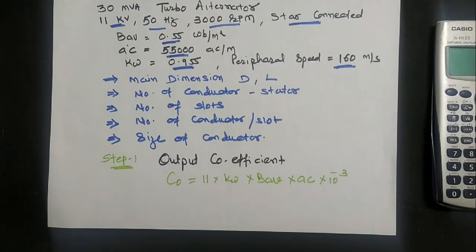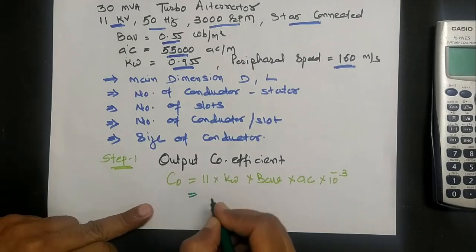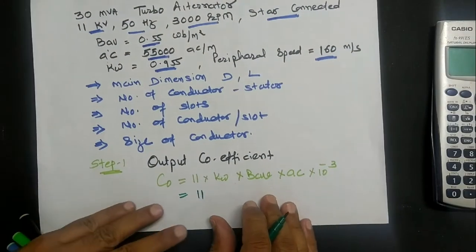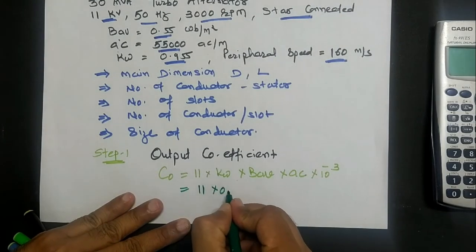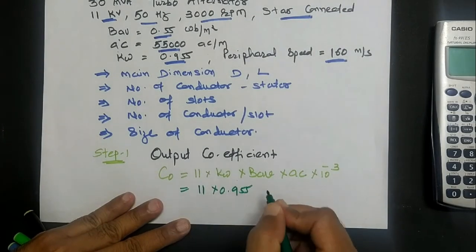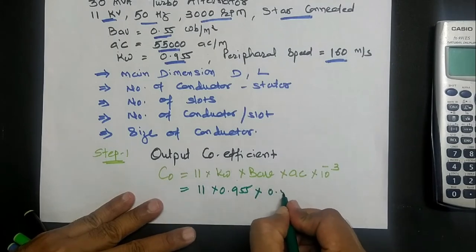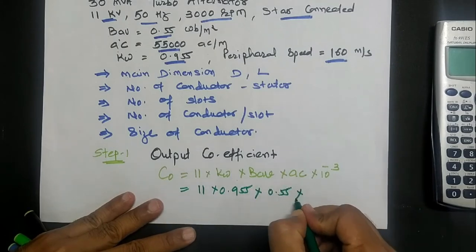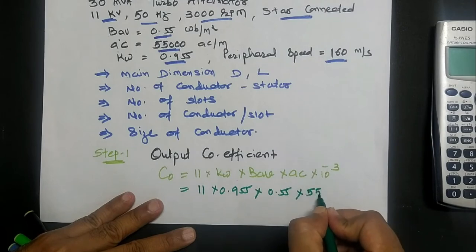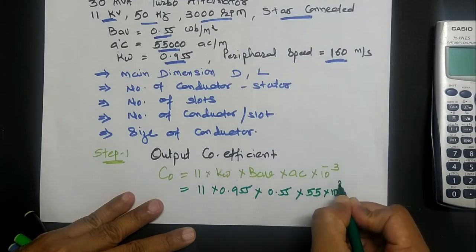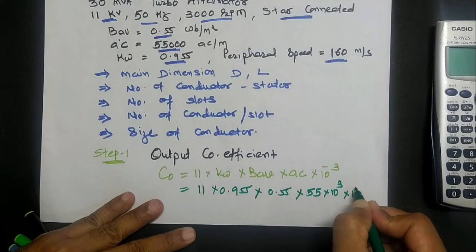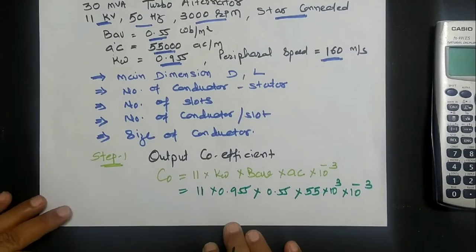So now if we substitute all the values, then we have 11 multiplied by 0.955 multiplied by BAV, that is given as 0.55, 55,000, and multiplied by 10 raised to minus 3.